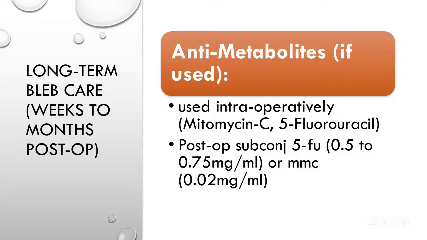If you want to give 0.75 milligram per mil, you withdraw 0.15 mil and you give that using your insulin syringe with your insulin needle, which is a 27 gauge needle. You can actually split this volume to 2 locations, depending on how the vessels are appearing. If you are using mitomycin C, you can give a 0.02 milligram per mil concentration.